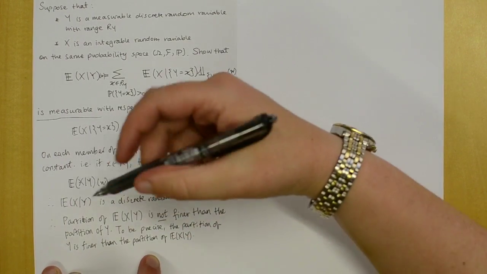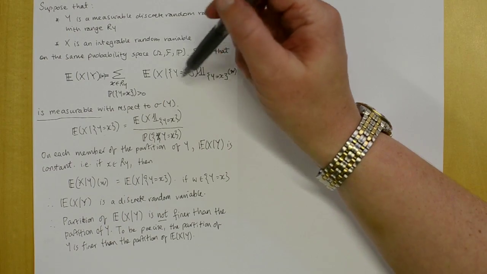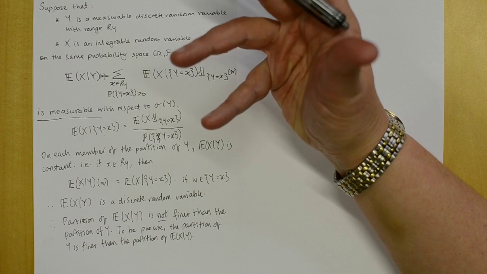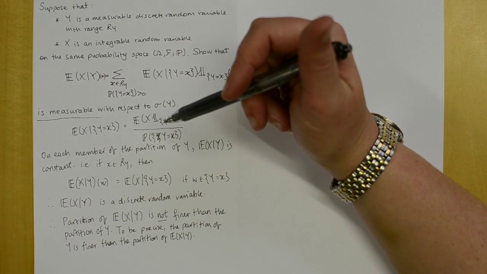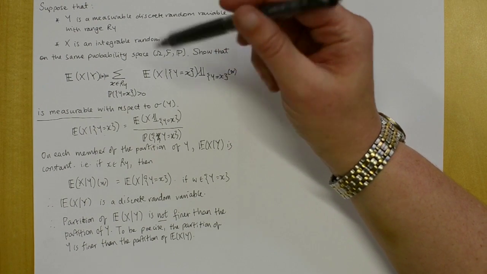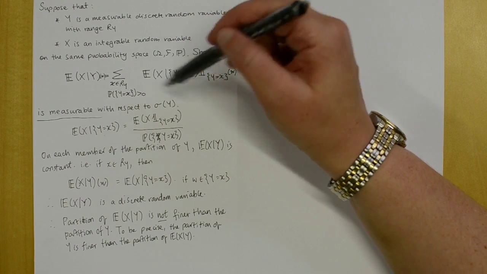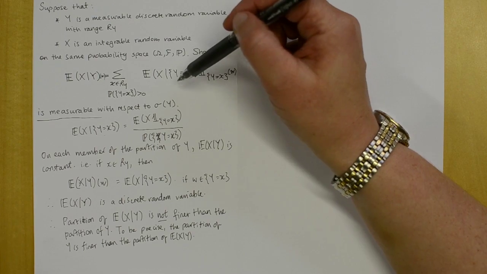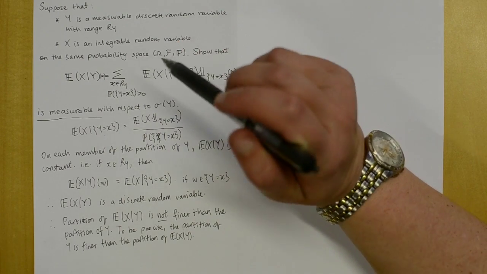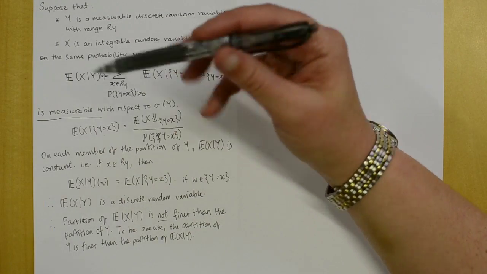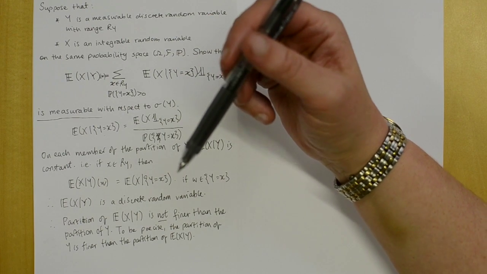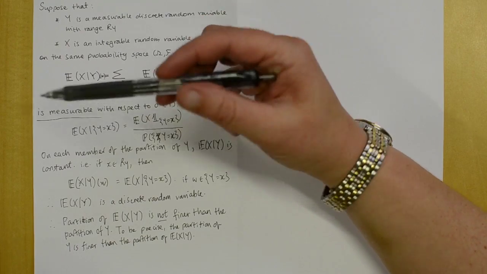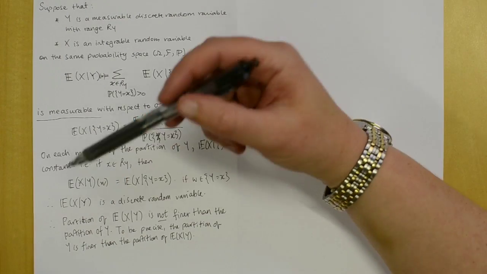The reason why I say that is that it can be that for different values of x, if you compute this ratio, by coincidence it could be the same. So it could be that on two different events corresponding to two different x, this conditional expectation is actually the same. So the partition of this random variable can be different from the partition of y, but certainly we can always write a member of the partition of this random variable as a union of members of the partition of y.